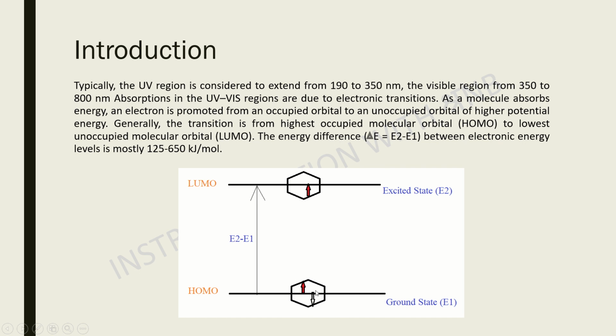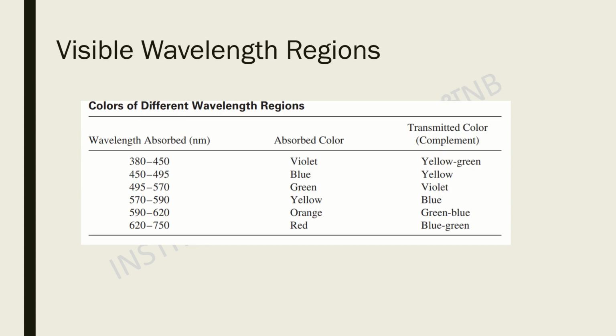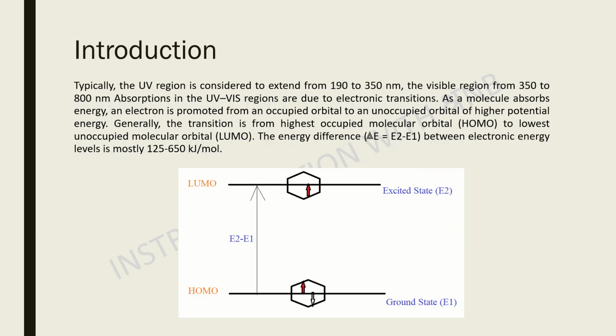When the molecule gains energy, the electron from the highest occupied molecular orbital of the ground state transfers to the lowest unoccupied molecular orbital of the excited state. That is the HOMO to LUMO transition, and the energy gap delta E will be equal to E2 minus E1, that is energy from the excited state minus energy from the ground state.